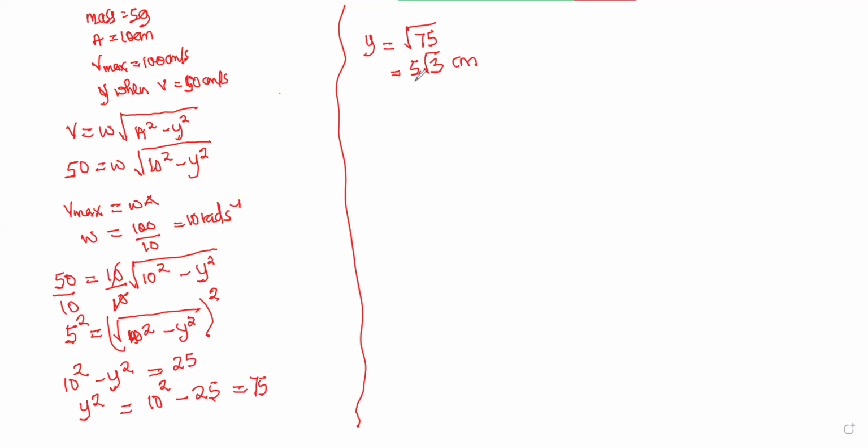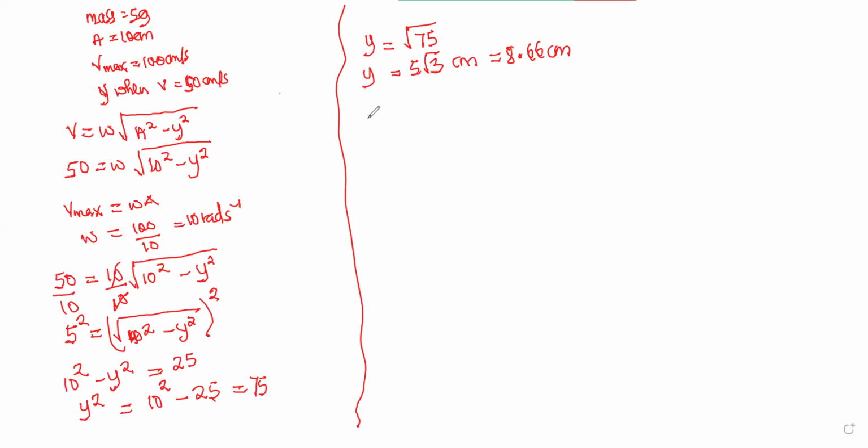Or you can change it to decimal. So it means that when velocity is 50 centimeter per second, it will occur at a displacement equal to 5 root 3, which is 8.66 centimeter. Okay, so that is the solution to the first question. And most of you got this correct.